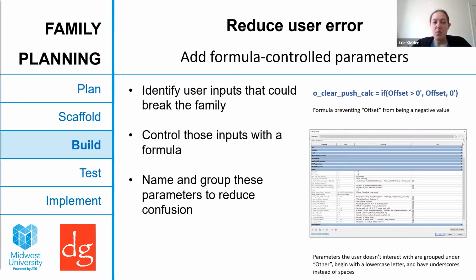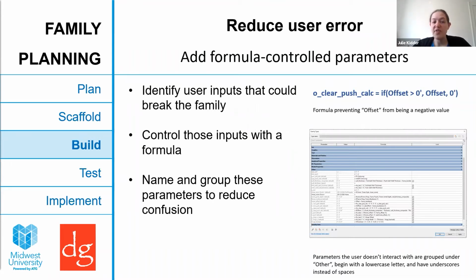And in our doors, we wanted the ability to offset both in the positive and negative direction from origin, which is something that Revit doesn't really like to do. So I have a user input that does take that negative number, and then a couple of formulas that make sure that the length that the Revit family sees is only going to be a positive number.